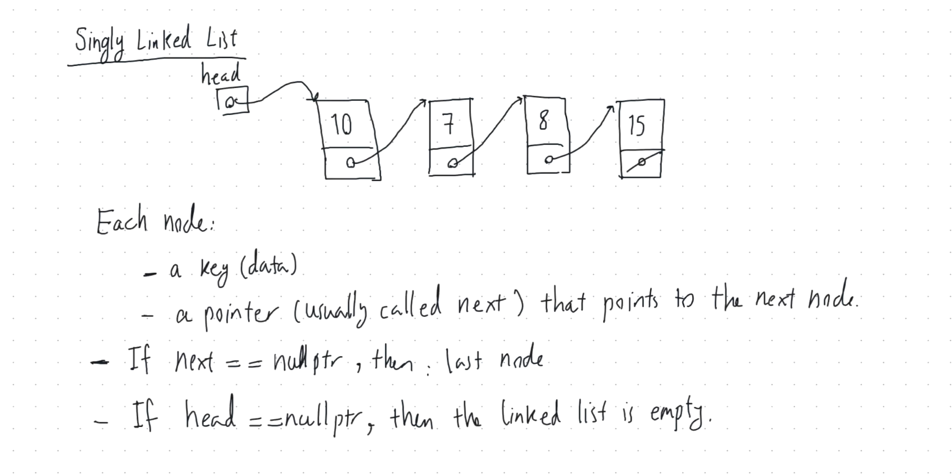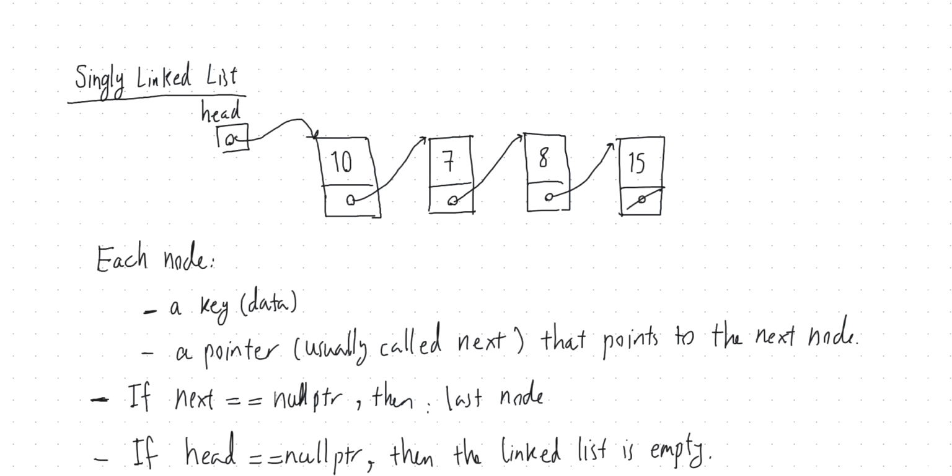So the values are scattered all around the memory, not contiguous, and that has its own advantages and disadvantages. For now, if you want to talk about one disadvantage, it is that we don't have random access in a linked list. Because in an array, if you remember, when we have an array of size n, and we want to go to this element, we don't have to start from the beginning and go to the second, third, and so on.